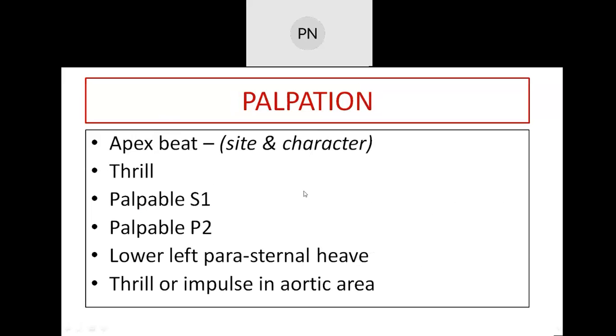is it well sustained or ill sustained? Forceful, ill sustained. That is synonymously called hyperdynamic. Forceful and ill sustained is also known as hyperdynamic. So you will typically get a down and out apex which is forceful and ill sustained. Thrill, as I have always told you, you check the thrill along with the murmur.